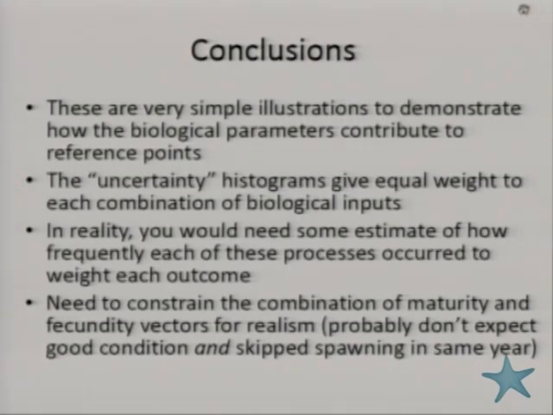The point of this simple illustration was to demonstrate how the biological parameters contribute, in a calculation sense, directly to the reference points. The uncertainty in those final two histograms actually gives equal weight to each combination of the biological inputs. In reality, what you would want is some estimate of how frequently each of these processes occurred so that you could weight the outcome. In addition, you would also need to constrain some of the combinations.